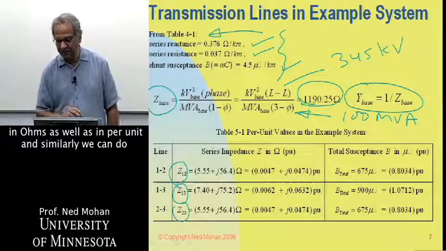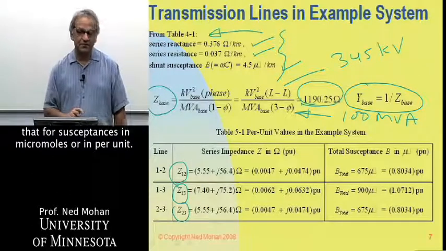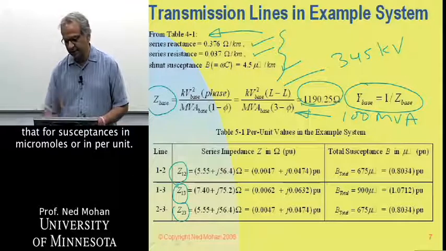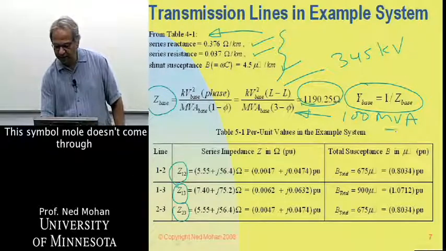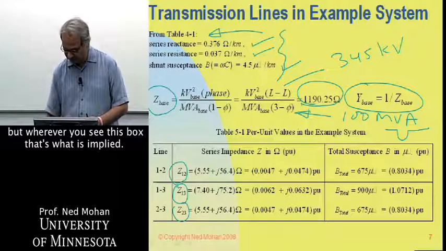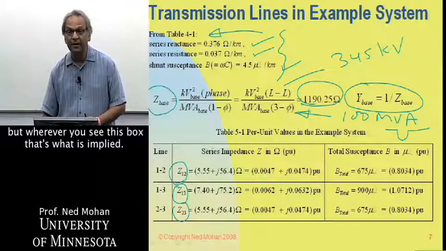Similarly, we can do that for susceptances in micromhos or in per unit. The mho symbol doesn't come through, but wherever you see this box, that's what is implied.